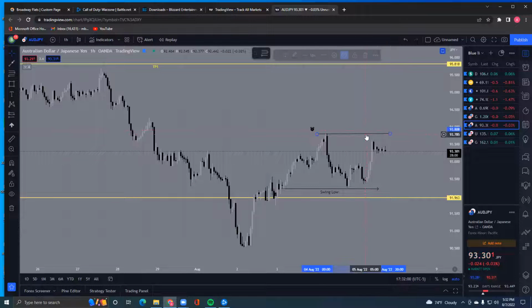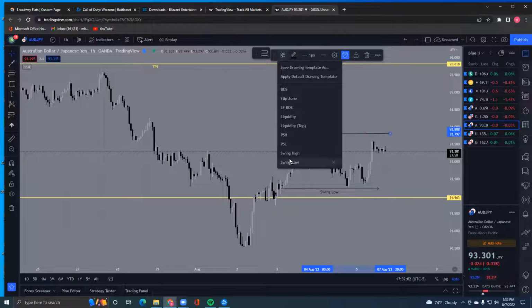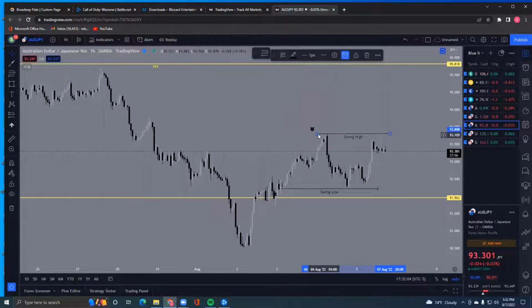And then we'll label that. So that's not a flip zone just yet. But when price breaks and we get the alert, that's a perfect time to switch the line to a flip zone, because then I know when price comes down and taps it to get in at that point.